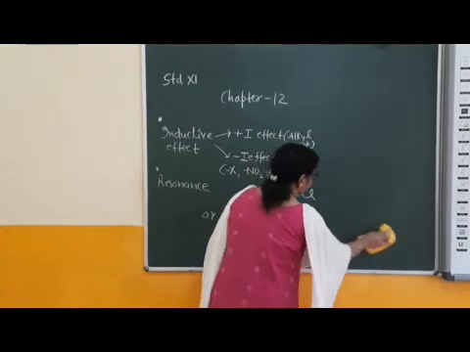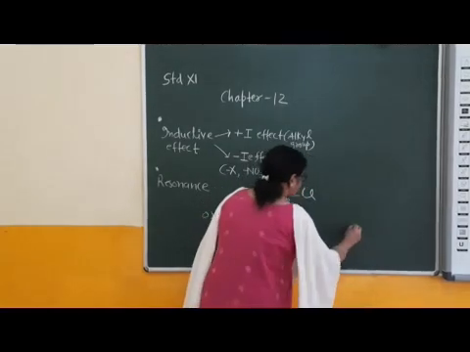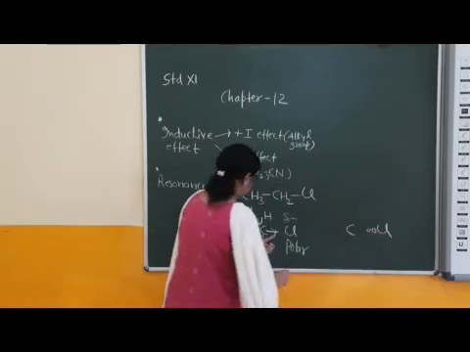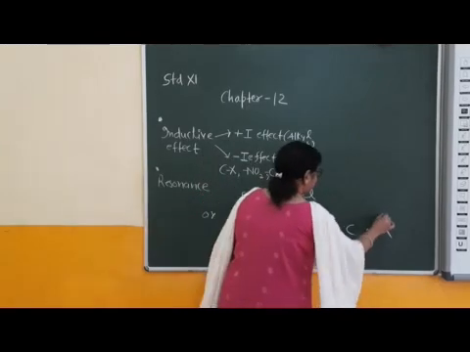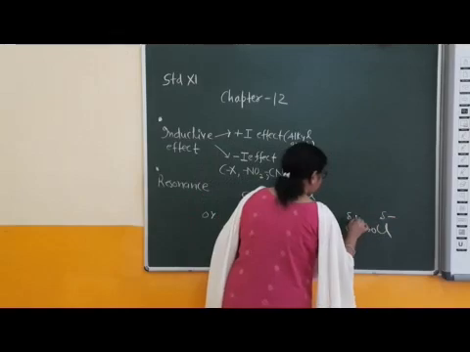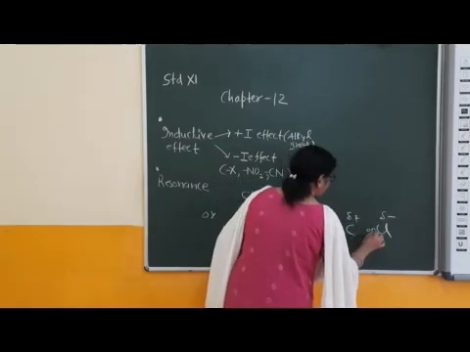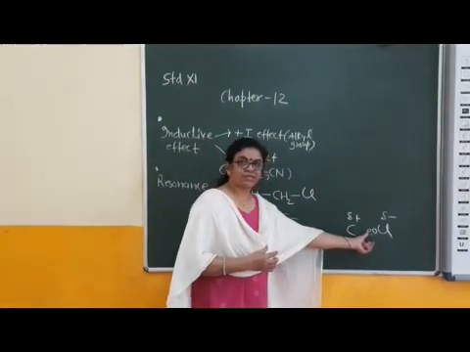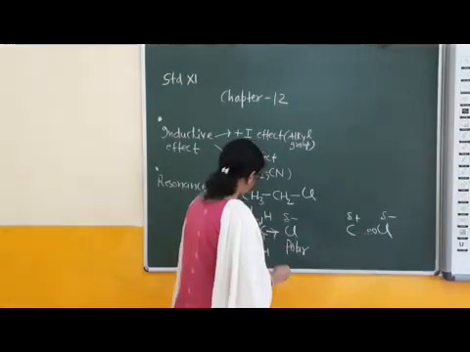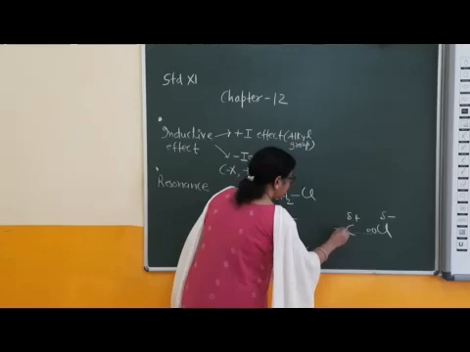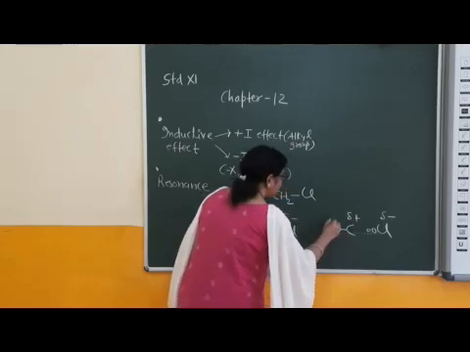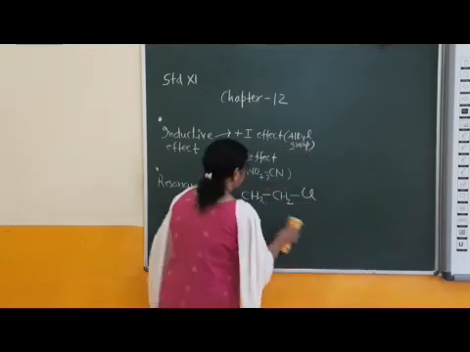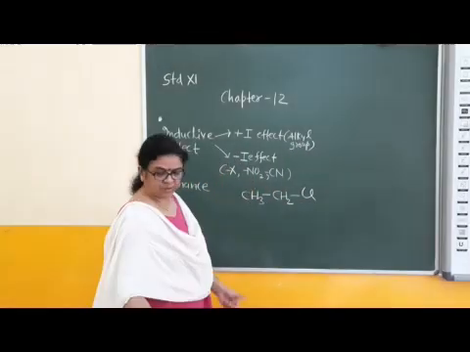Effect of this on the second carbon: the shifting of this sigma bonded electron towards the most electronegative atom. This pair of electrons is very close to this electronegative atom, right? And that's the second, like this. C, H, H, and the second functional group is nitro group.